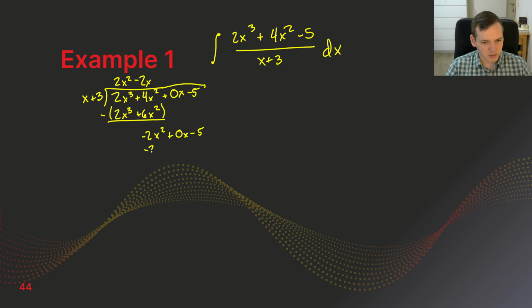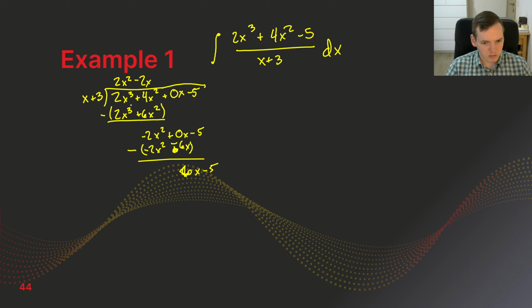So this will be negative 2x squared plus, not minus, 6x. So if I subtract these, I'm going to get 6x minus 5.